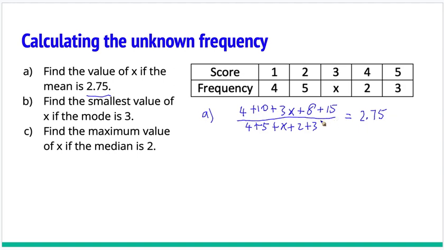Alright, so what we are doing is forming an equation in x using the concept of the mean, which is frequency times score, add all up, divided by the total frequency, as we have done before. And this equals the value given, which is the mean. So we solve this equation, and we find that the frequency here is 6.